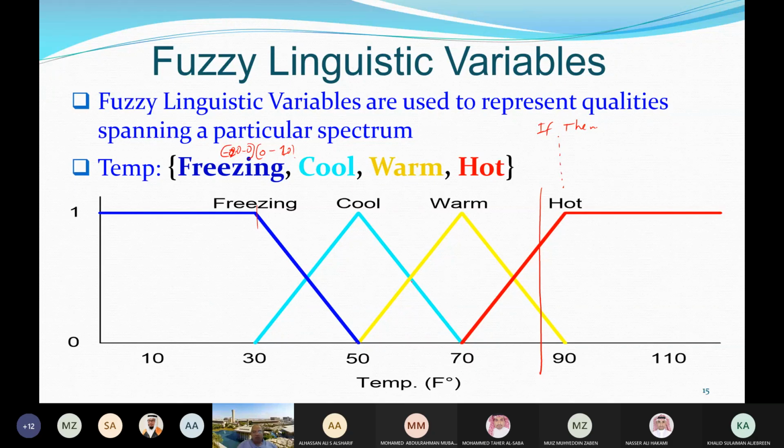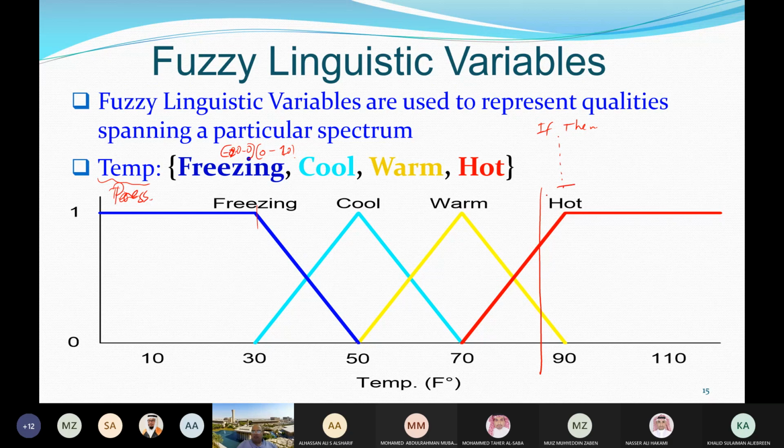If the temperature is cooling, then you have this. If you have another variable, for example pressure, then if the temperature is freezing and the pressure is low, you take this action. If the temperature is cool and the pressure is medium, then you take this.